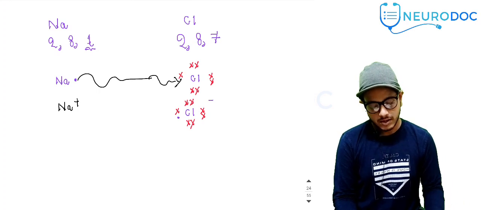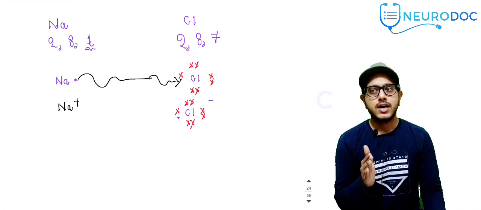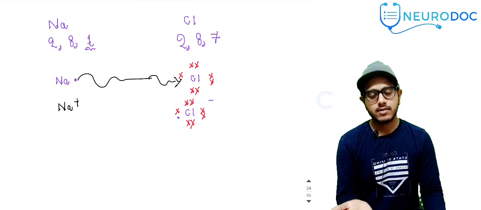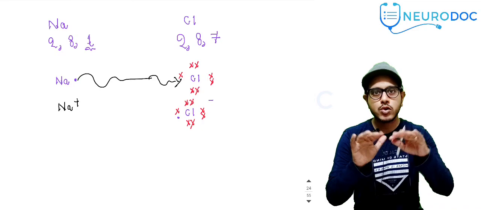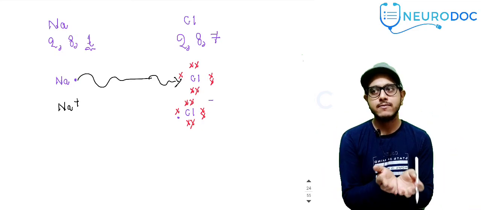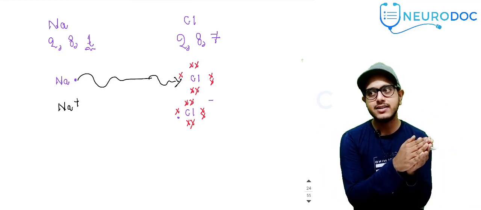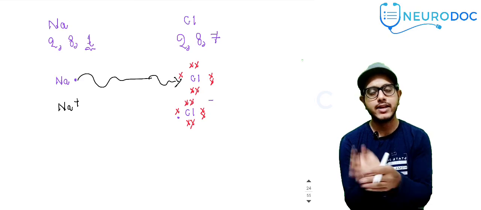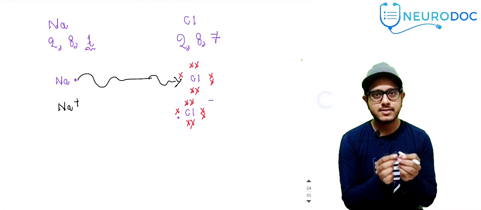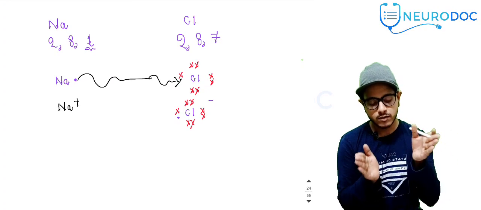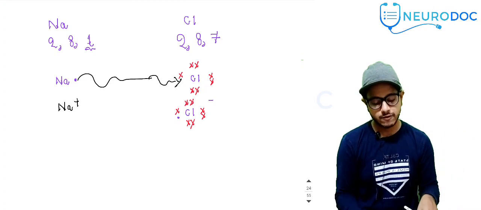Now, what happens under the influence of the cation, that is sodium, Na plus? The electronic cloud of the chloride ion is slightly shifted towards Na plus, right? So remember, the cation attracts the electronic cloud of the chloride ion towards itself.